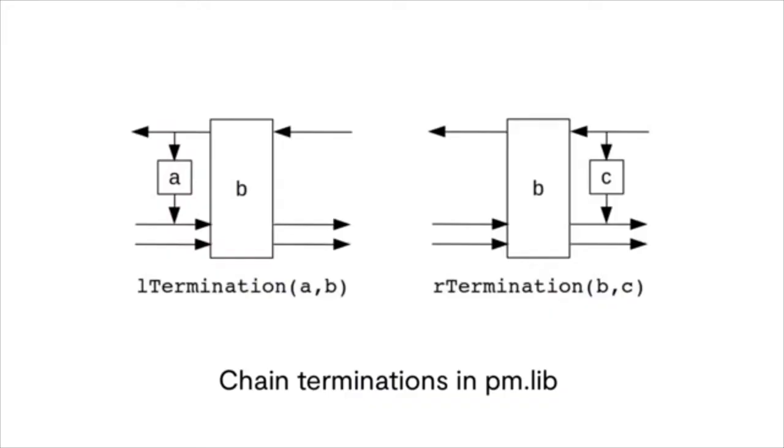You can see here on the slide how they work. They take two arguments. L termination takes an element A and an element B. The element B can literally just be a chain or anything you want to give to it, and A is the actual termination. Same thing for R termination, but it works the other way around.